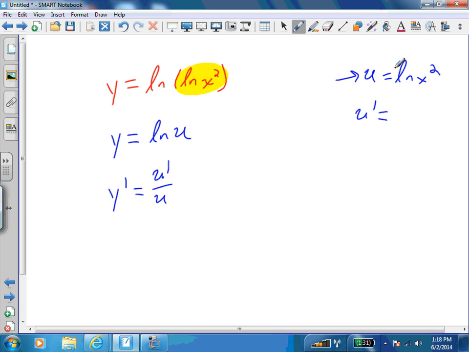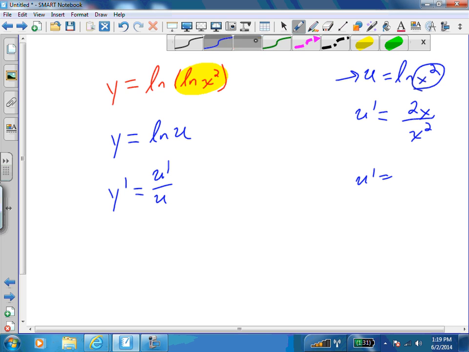Well, what's the derivative of that? To take the derivative of this, that's the derivative of natural log. This part goes on bottom. The derivative of that goes on top. So it's basically the chain rule. We did the derivative of the outside, which involves the derivative of the inside over the inside. So when we take the derivative of the inside, notice that simplifies.